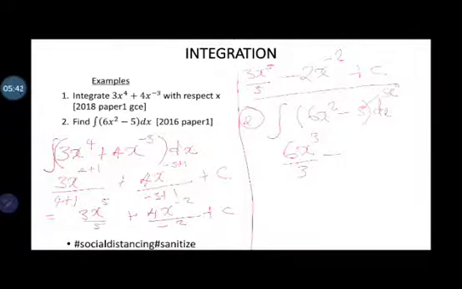So then we're going to have 5x, 0 plus 1 is just 1. The power 1 is as good as you having nothing. We'll put it there for now, over the new power, which is 1, plus c. And this will be 3 into 6 is 2x to the power 3 minus 5x plus c.